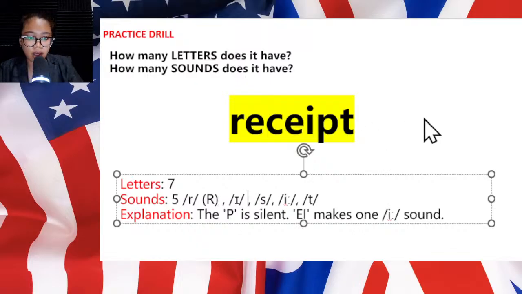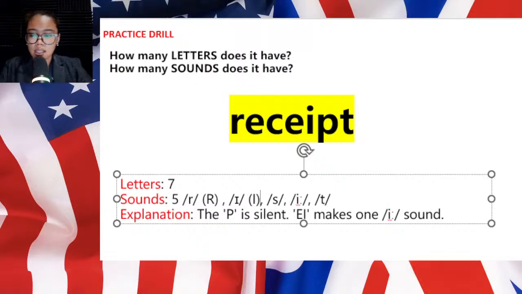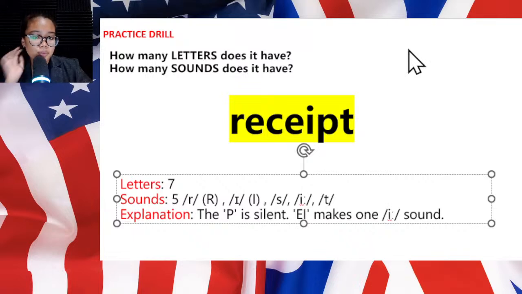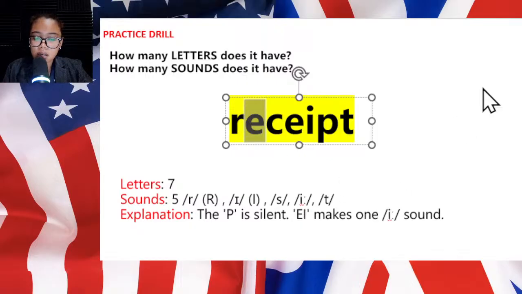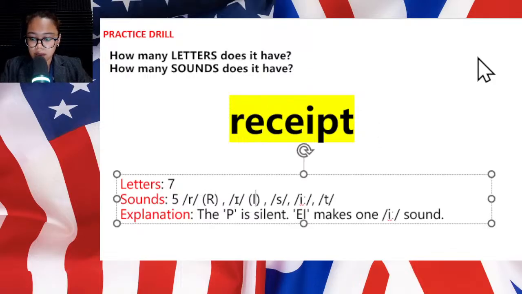Next, we have the short E sound, like in sit. This comes from the first E in receipt. So the letter E produces a short E vowel sound.